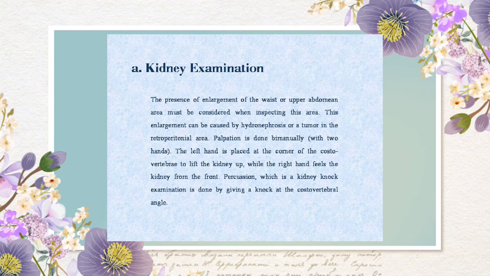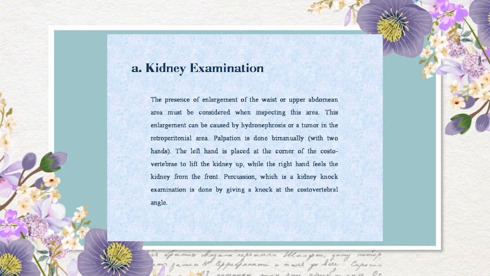The left hand is placed at the costovertebral angle to lift the kidney up, while the right hand feels the kidney from the front. Percussion, which is the kidney knock examination, is done by giving a knock at the costovertebral angle.